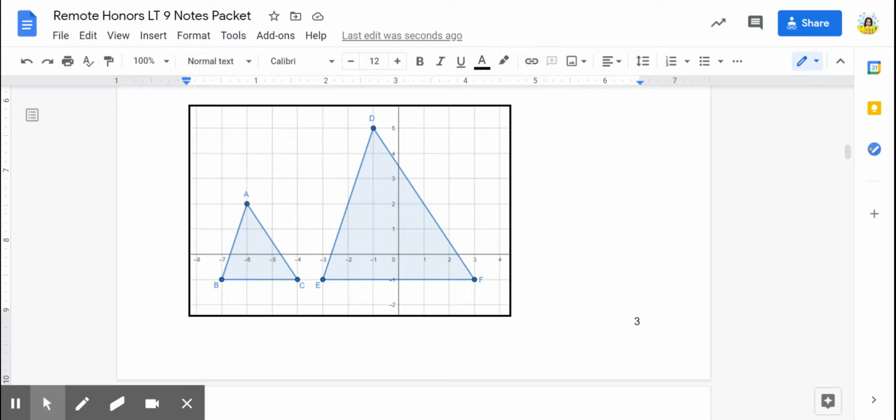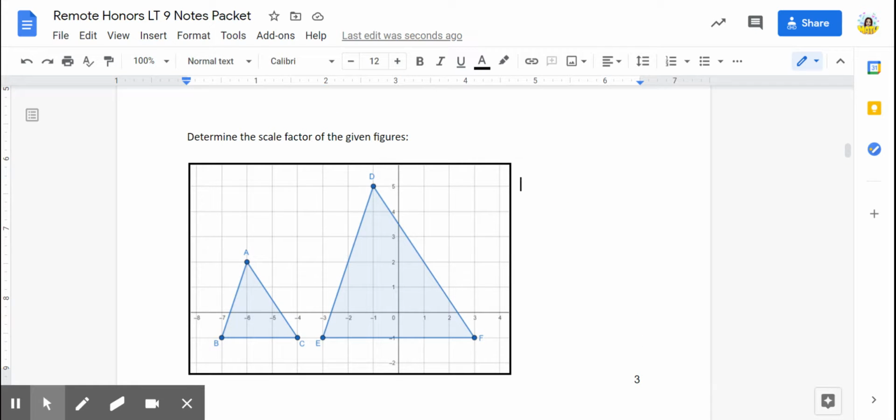Okay, so let's take a look at this last example here. We don't know which one the pre-image and the image are, so in this case, it would be okay to go either direction. Let's take a look at our bottom length, which is the easiest one. 1, 2, 3, 1, 2, 3, 4, 5, 6. So to go from a length of 3 to a length of 6, we are multiplying by 2.